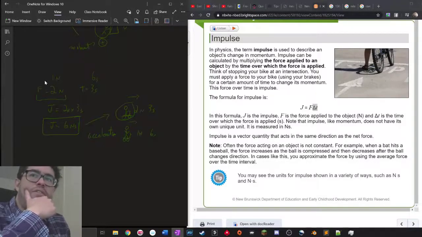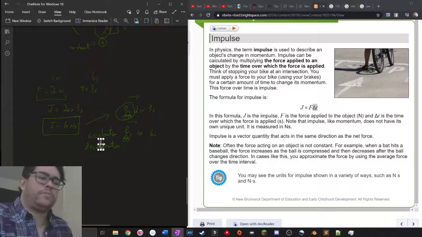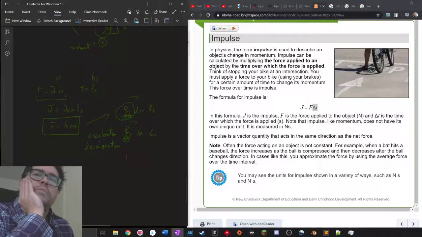There's accelerating going on, there's force, but it also has to do with deceleration. But it's a quality of the object to which we change its velocity by applying a force.